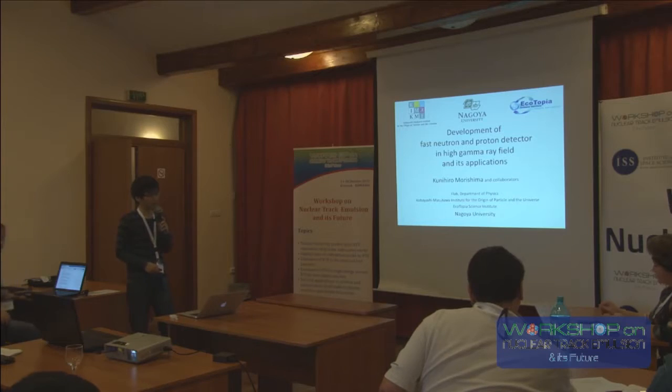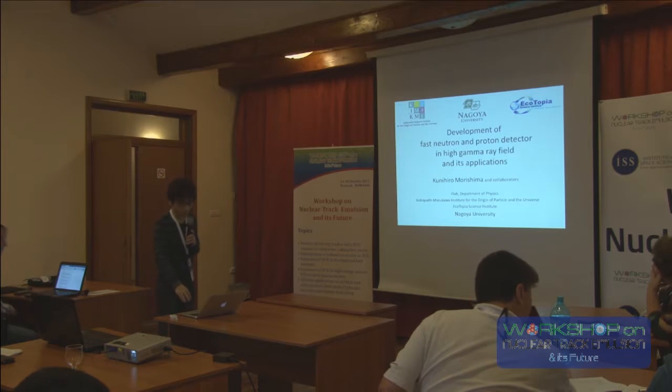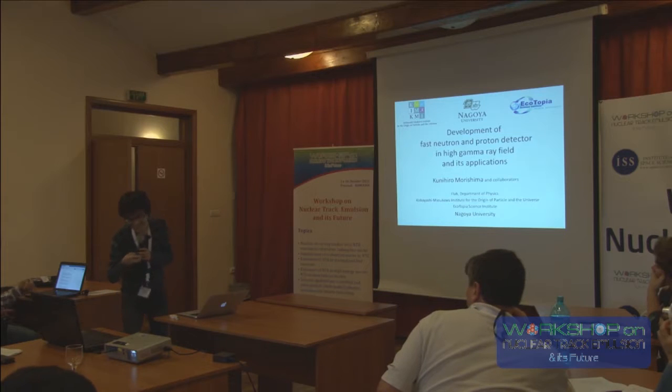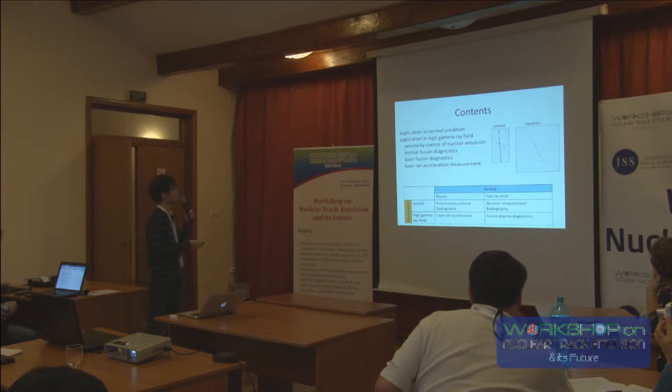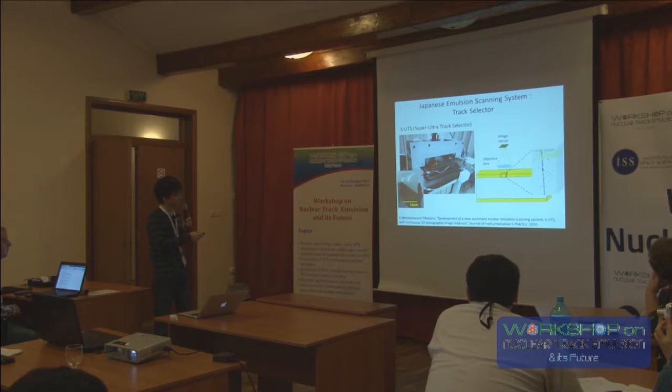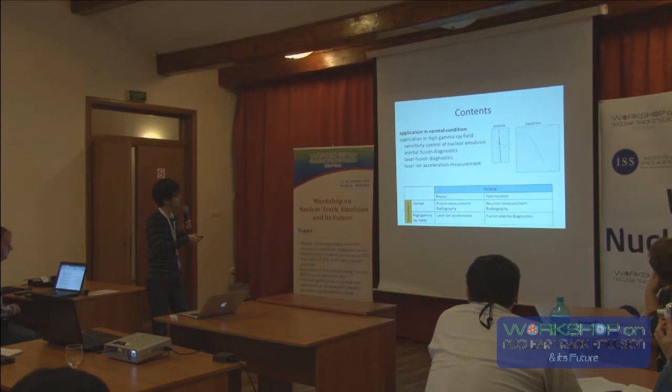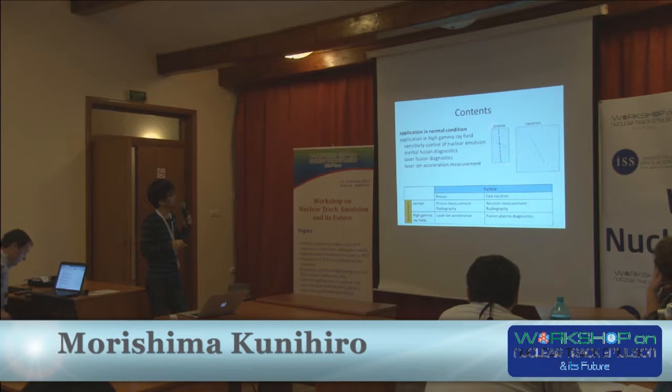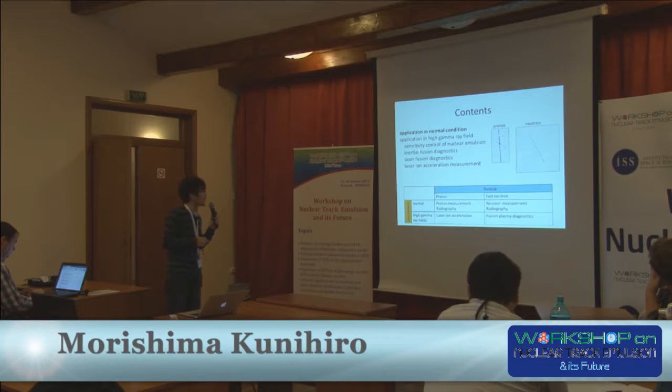I talk about the development of fast neutron and proton detector. This is the content of my talk. I will talk about proton and neutron tracks in nuclear emulsion, application in normal conditions, and application in high gamma ray fields.